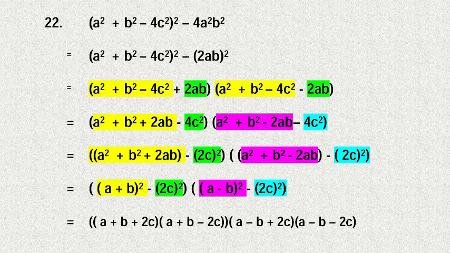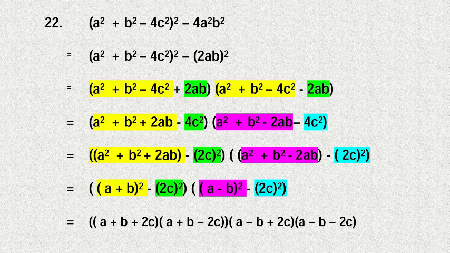In the first step, 4a²b² is represented as (2ab)². So in the second step itself, we have the expression in the standard form a² − b². In the third step, expand by using (a + b)(a − b).